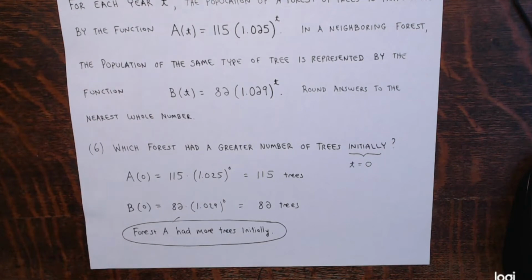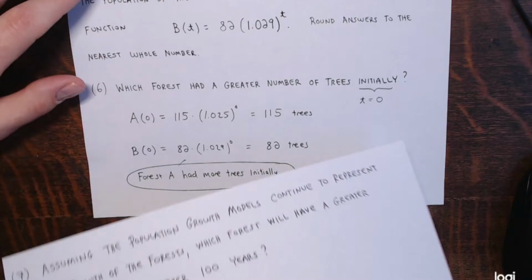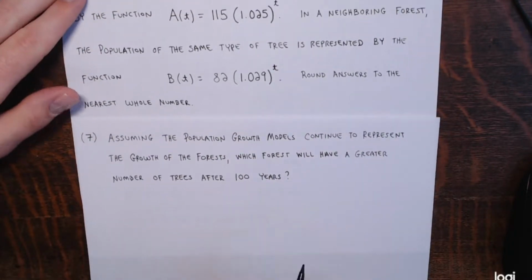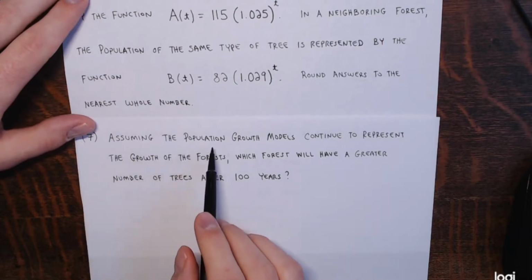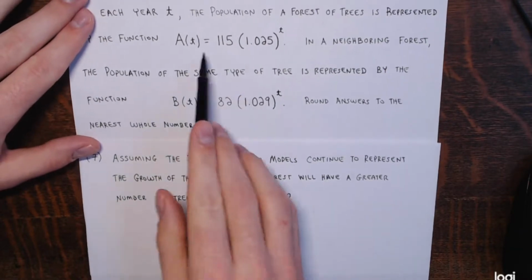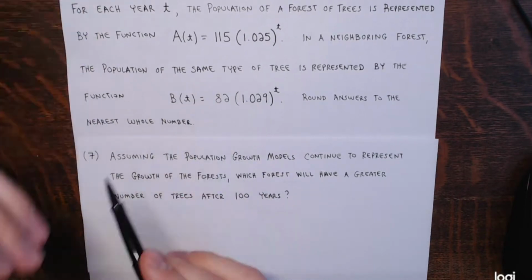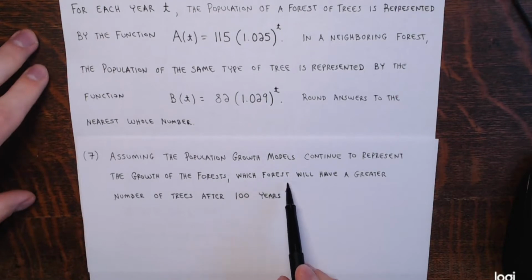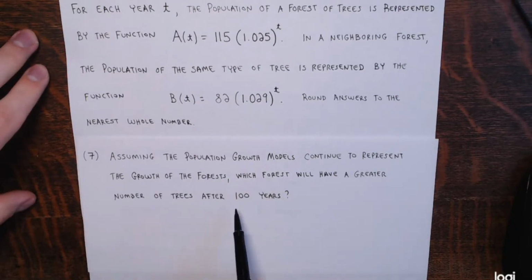Right, and then example 7, related to the same question, same forests. Assuming the population growth models continue to represent the growth of the forest throughout time, which forest will have a greater number of trees after 100 years?